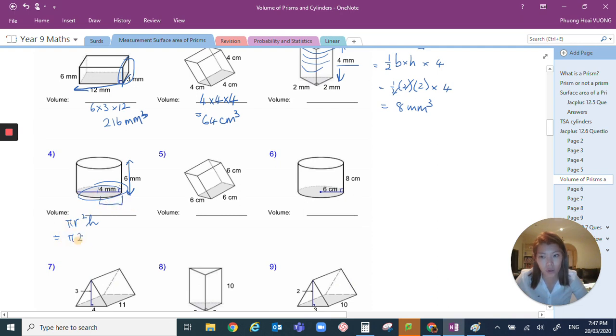So we have 2 squared, and then the h is 6. So we have 2 squared is 4, 4 times 6 is 24, 24 pi. If I want it in exact form, you can leave it like that. Otherwise, 24 pi, where's my pi button? Is 75.36.